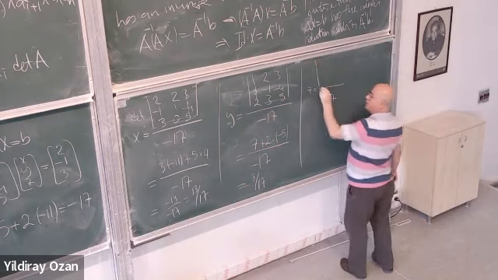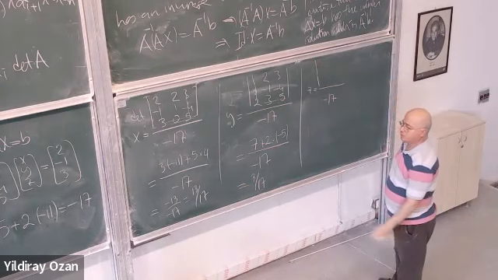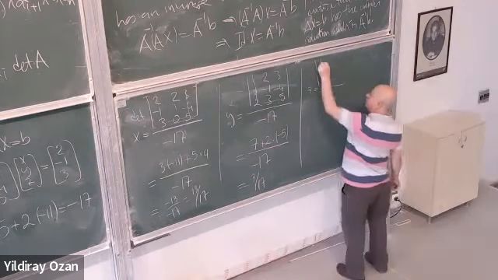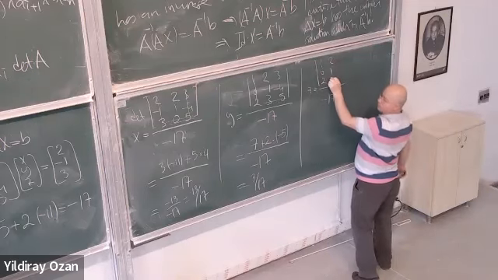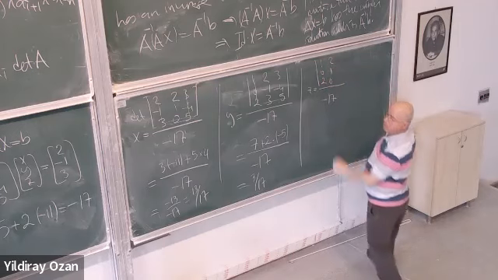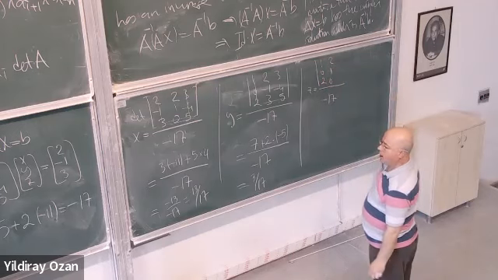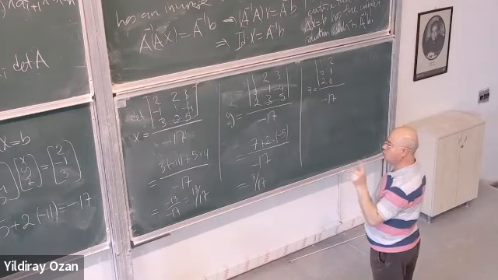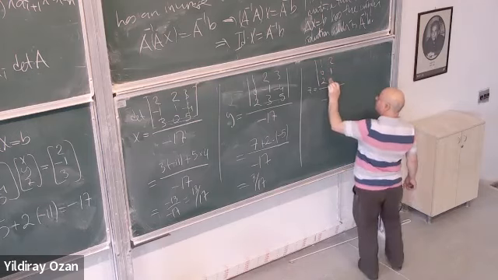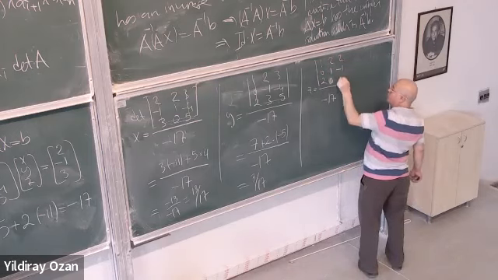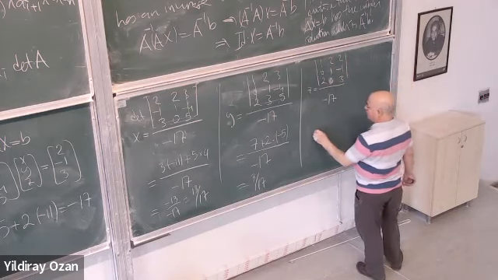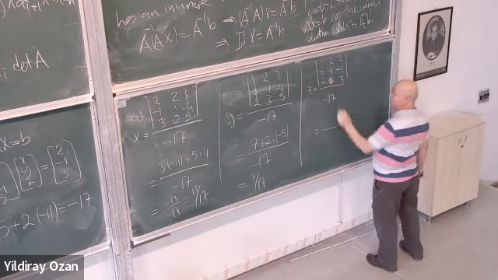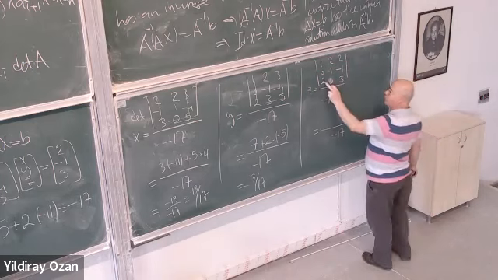Minus 17. So this time I have first two columns, 1, 0, 2, 1, 0, and then the last one, 2, minus 1, 3. Let me open with respect to this row again.